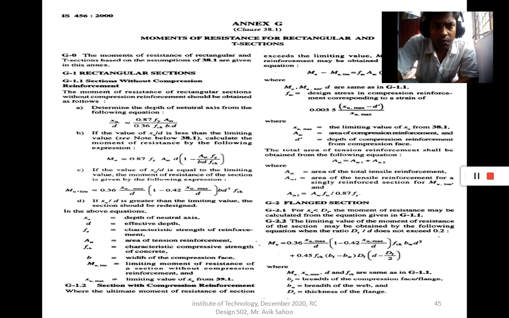So using this formula we calculate the area of steel. This equation is for the under-reinforced section, so we use it to determine the area of steel.